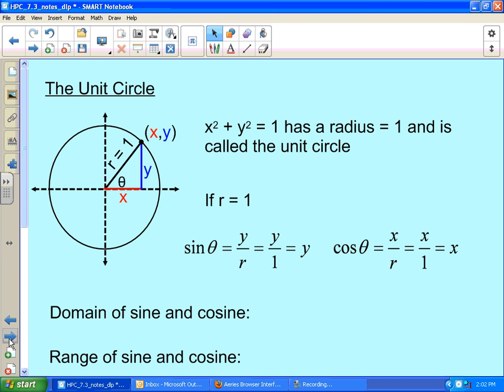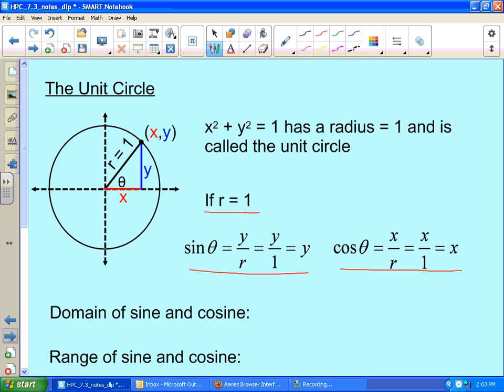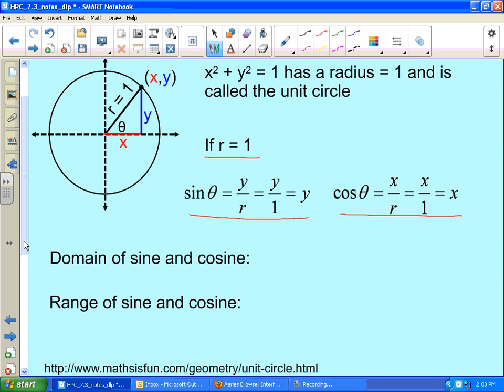And you'll see that in the unit circle where the radius equals 1, notice how your sine and your cosine ratios change. X over 1, y over 1. So now you're just expressing y's and x's for sines and cosines. Sine is a measurement of the ratio of the y values to the radius, but the radius went to 1, so now we're just saying sine is equal to y and cosine is equal to x.